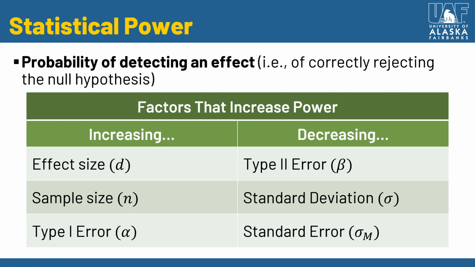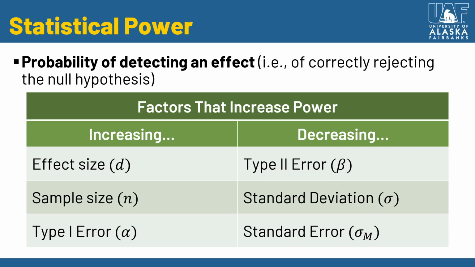There's a number of factors that increase power, because again, this is vital. If we're making all these predictions about things that we expect to see, various effects, various relationships between variables, whatever it may be, we need to be able to detect them. So ideally, we use good methods and design in order to increase our statistical power.